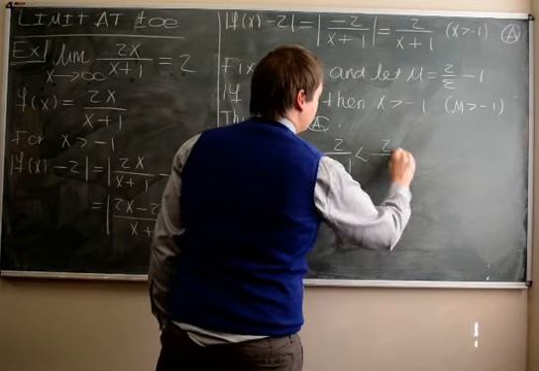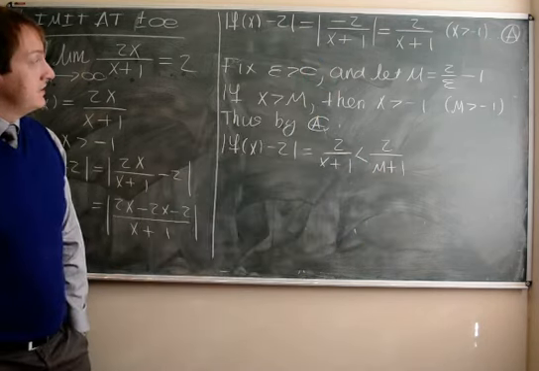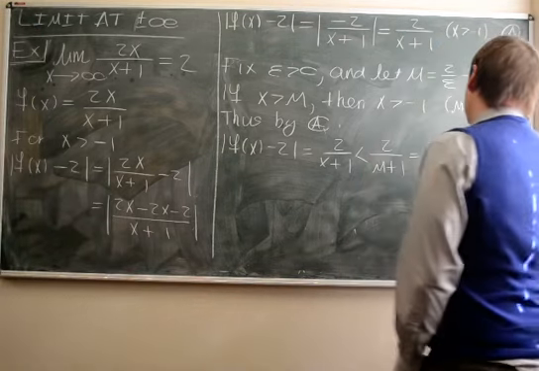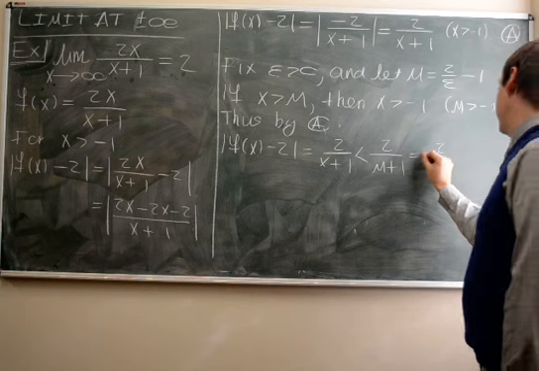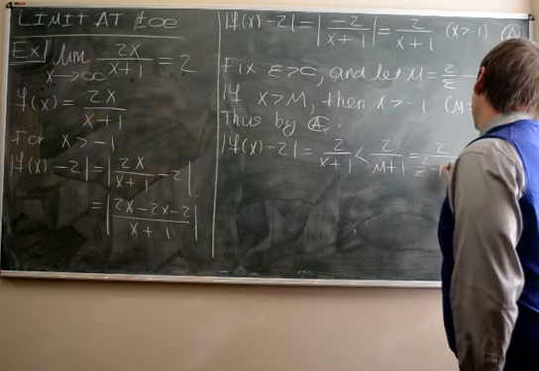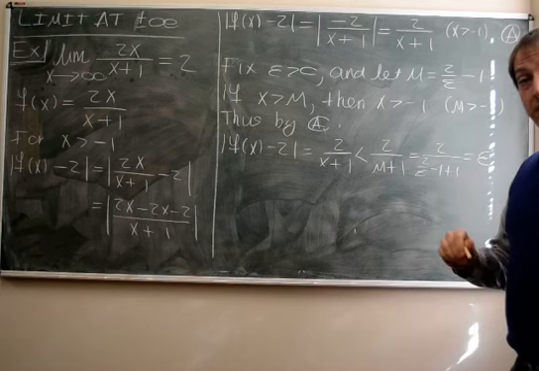That will be less than 2 over M plus 1, because x is bigger than M. And this is 2 over 2 over epsilon minus 1 plus 1, which gives you epsilon.